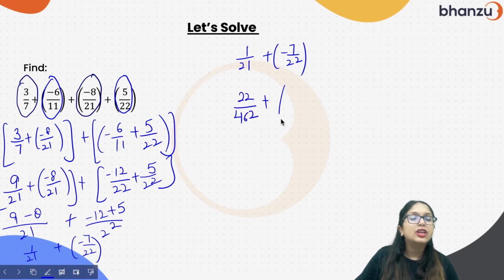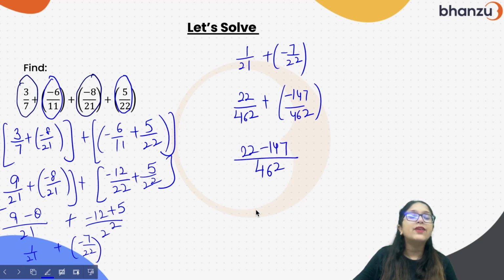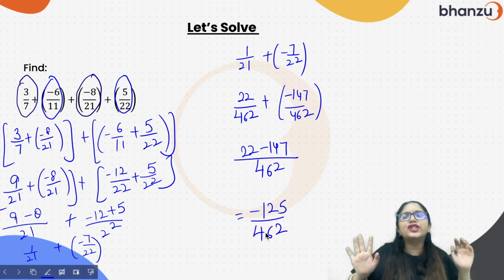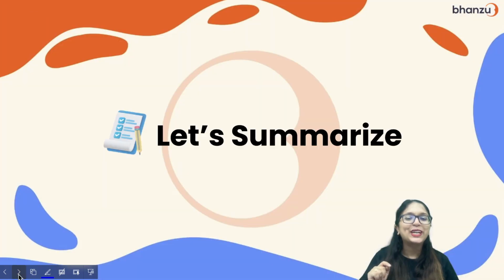In the second rational number, I will be multiplying the numerator and denominator by 21. This is going to be 147 over 462. Then 462 at the bottom. 22 minus 147. This is going to be minus 125 over 462. Was it easy? I really enjoyed this question. I hope you also did so.